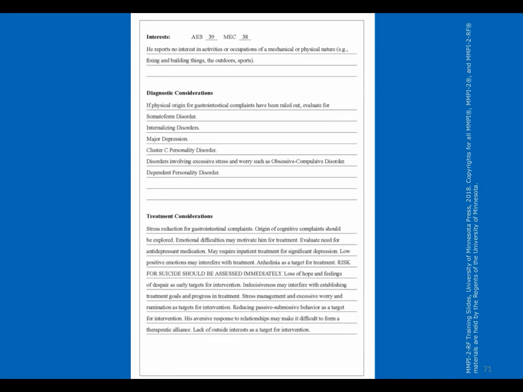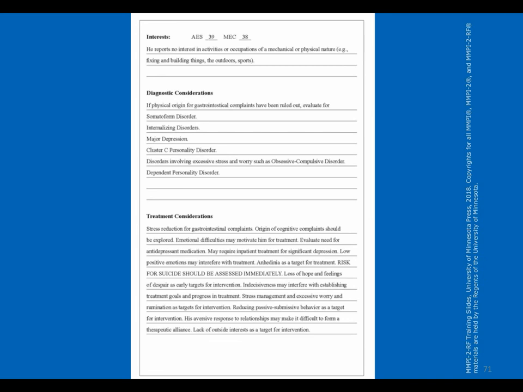So we see here, for example, if physical origin for gastrointestinal complaints has been ruled out, evaluate for somatoform disorder. We also have evaluate for internalizing disorders, major depression, cluster C personality disorder, disorders involving excessive stress and worry, such as obsessive compulsive disorder, and dependent personality disorder.